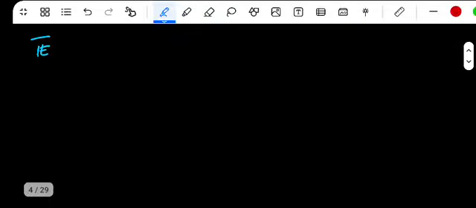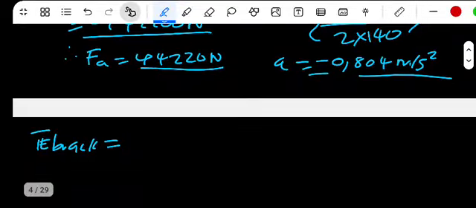T brake will be equal to what? Remember, it will be the sum of all that.